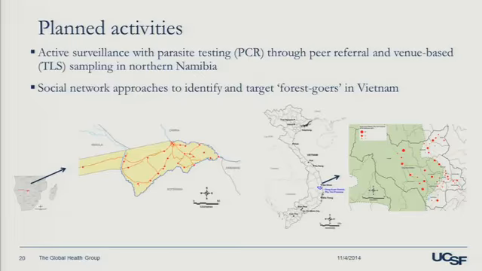So actually going to bars and fishing areas in northern Namibia to try and identify high-risk populations there. And similarly, there's a big problem of forest going in Vietnam, and we'll be working there in the next year or two and trying to help identify who these individuals are, how networked they are, and how we actually target them and conduct interventions amongst them.